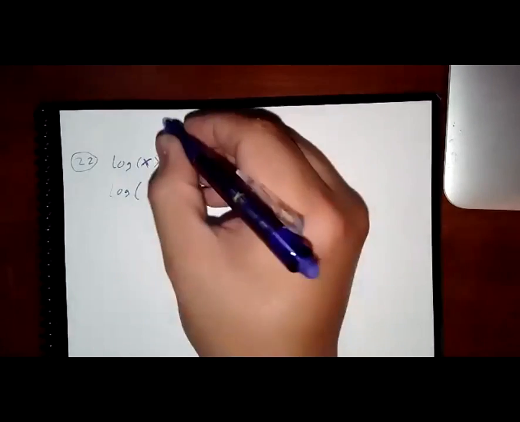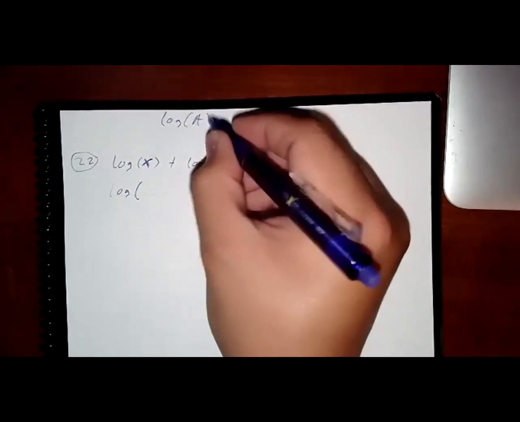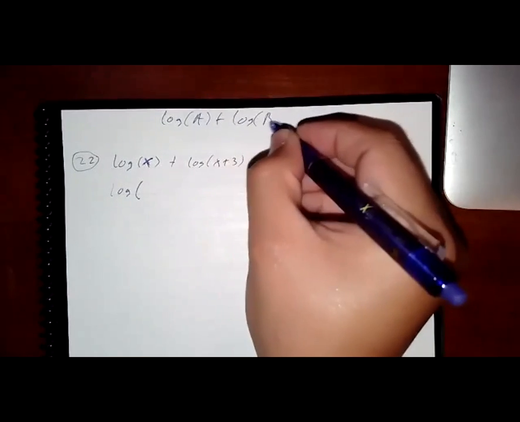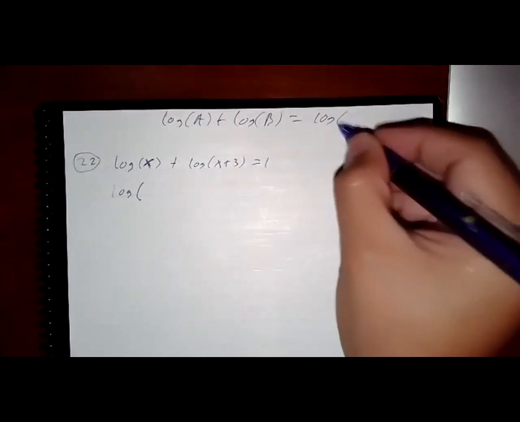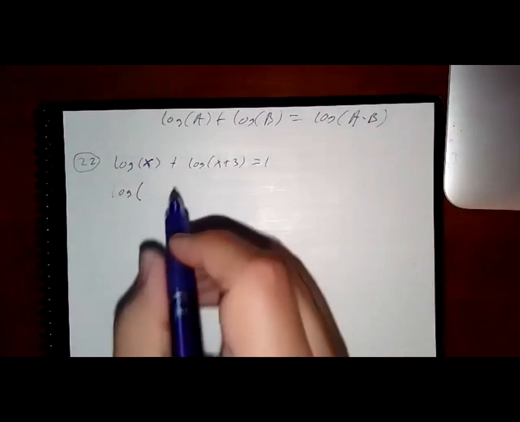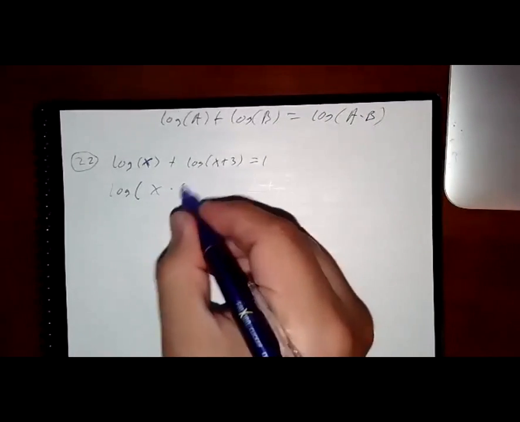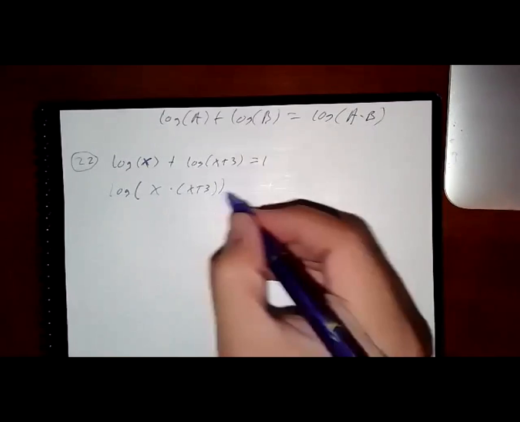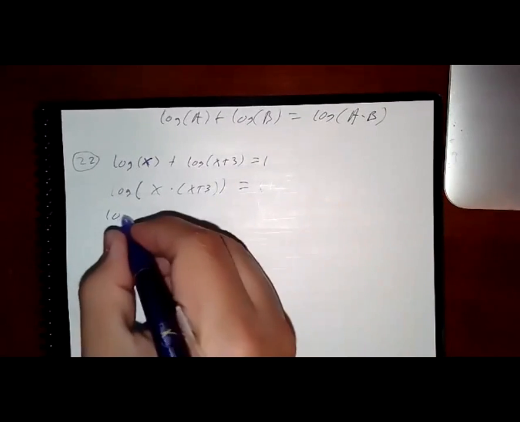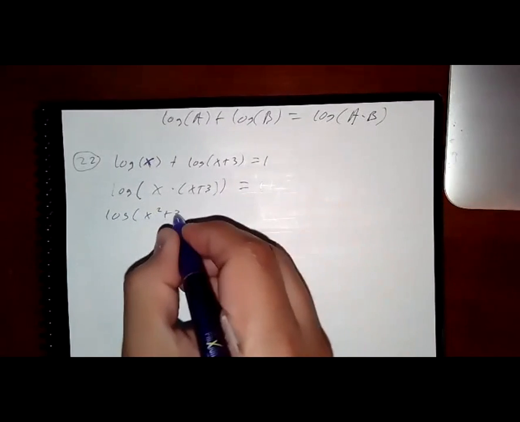So remember that log of A plus log of B is equal to log of A times B. So this would be A times B, right? So that'll be log of x squared plus 3x.